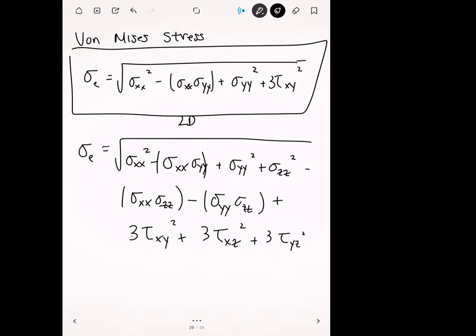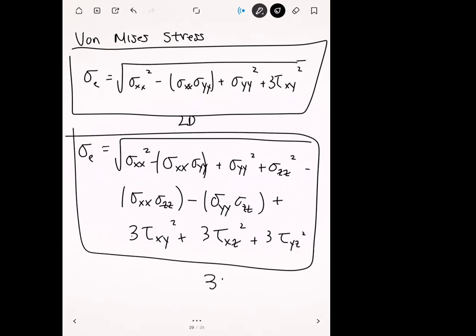And all this is under the square root. It's a complicated expression, and that's why it's hidden from you as the user. But you can see that the von Mises stress includes contributions from all the normal components and all the shear components as well.